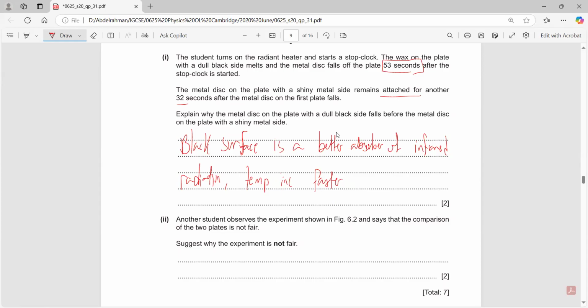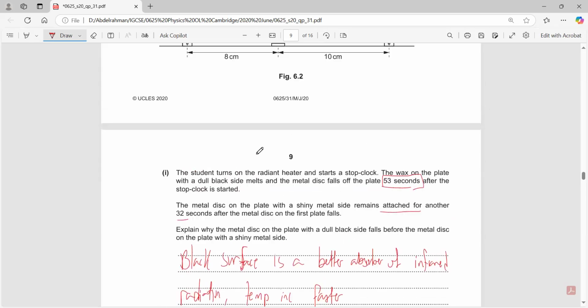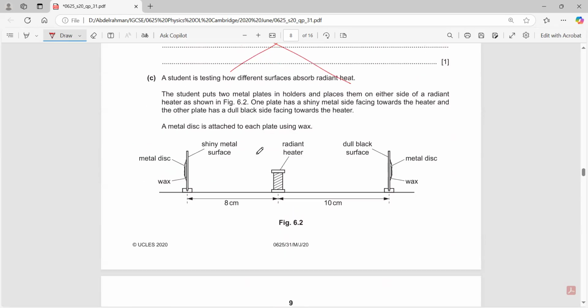And in part two, suggest why the experiment is not fair. Yes, exactly. Thank you. All of you said it correctly: the distances aren't the same. The distances need to be the same. In this question, he had 8 centimeters and 10 centimeters.